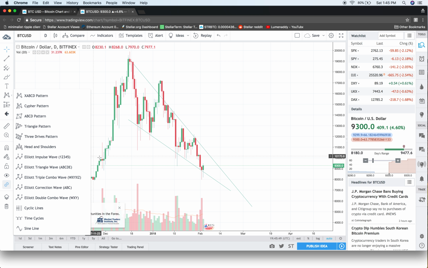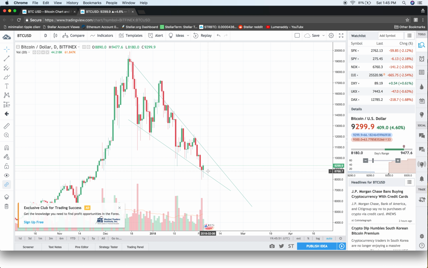And what I mean by that is, for example, currently we are in a descending wedge, right? So we would expect upon reaching the apex for price to go up, right?